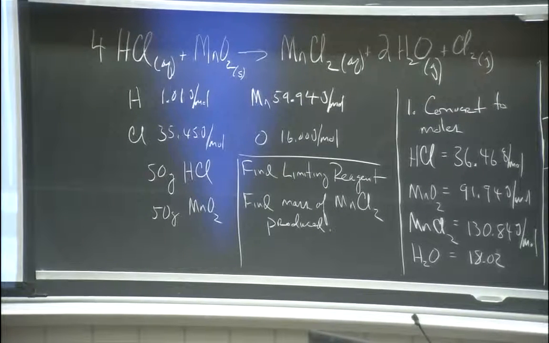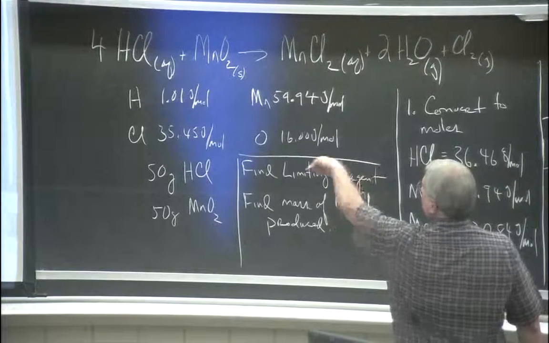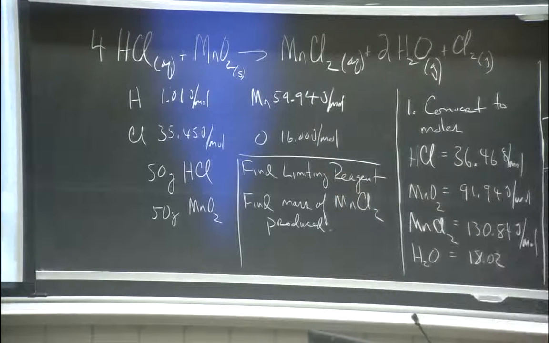So if you did it the other way, say you found how much MnO2 is in HCl, would the number be bigger than your 50 grams of HCl? If you did the same calculation with the MnO2, what do you think would happen?